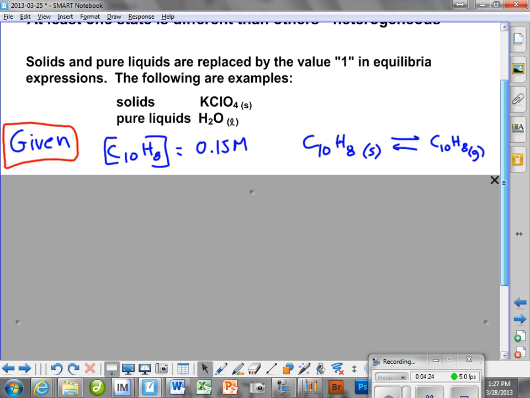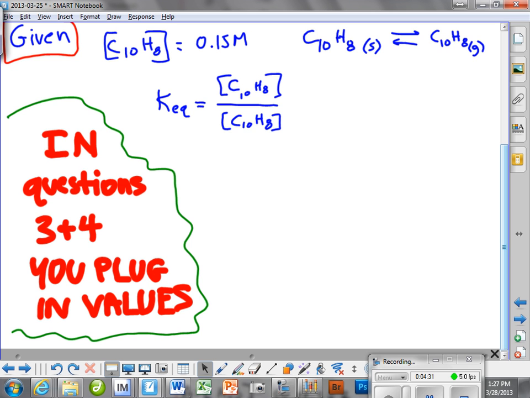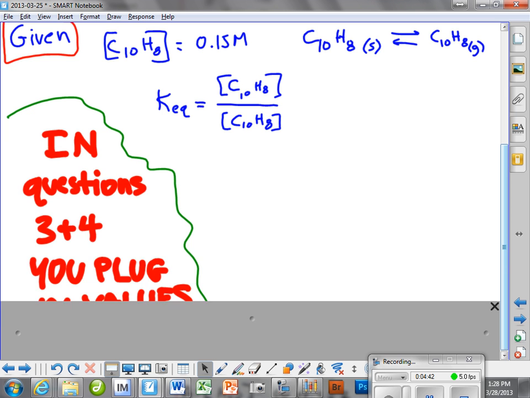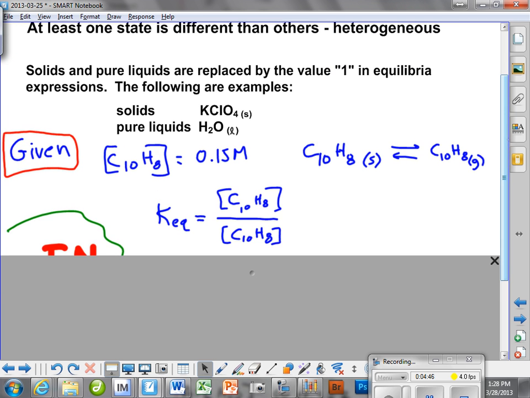In your problems 3 and 4, you're going to plug in values, which we haven't done before. We're also going to have to identify the hetero and homo and be able to get rid of things that are solids or liquids.